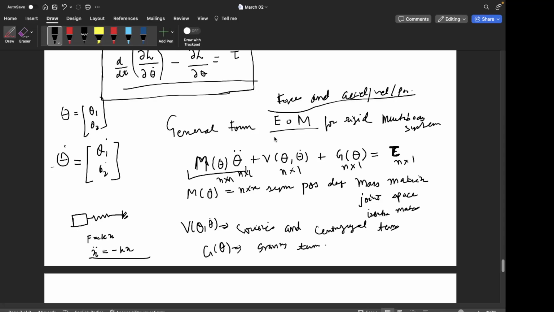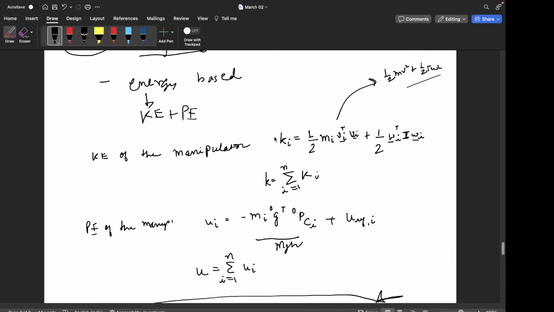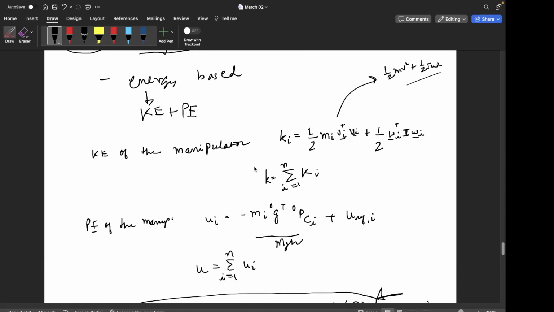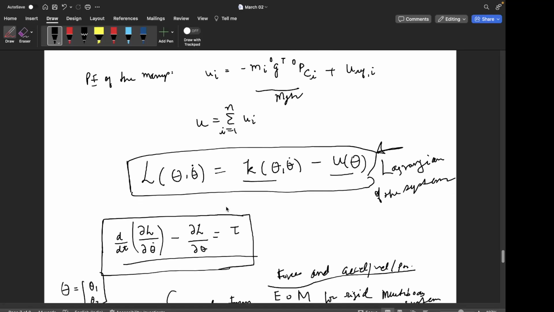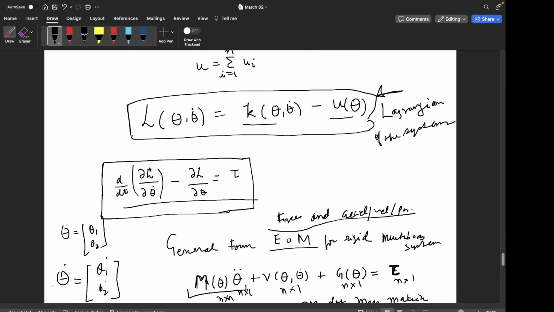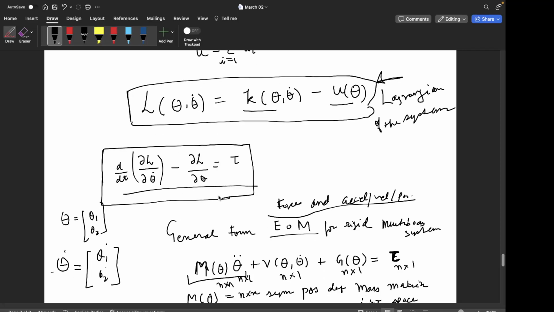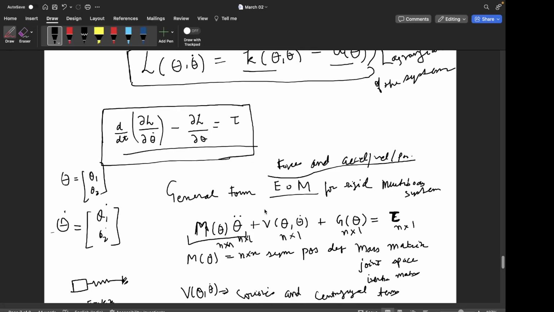Similarly, the same relation can also be arrived at using the energy-based approach, which is the Lagrangian method, in which we find the kinetic energy of the entire manipulator and the potential energy of the entire manipulator, then use the Lagrangian equation to find the relation between the torques and the accelerations, velocities, and positions of the joints, right?